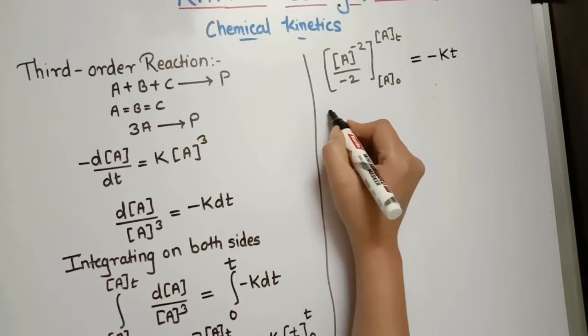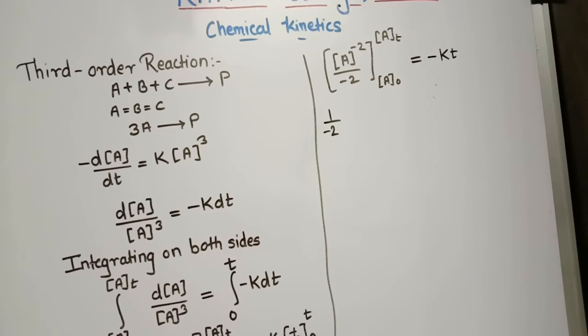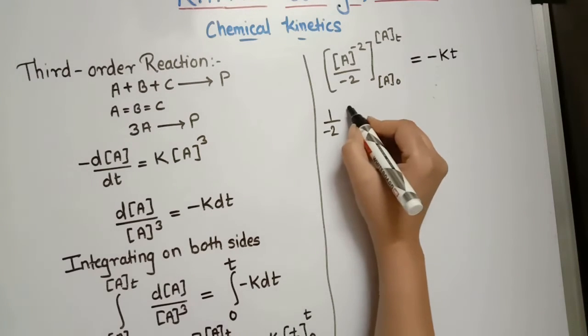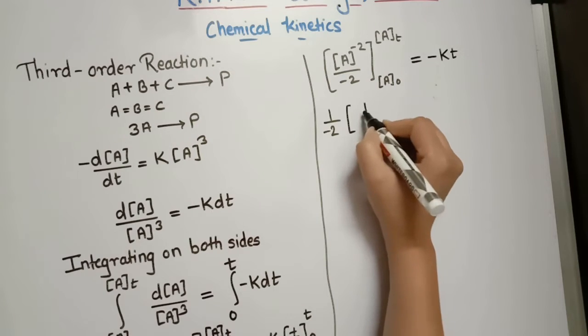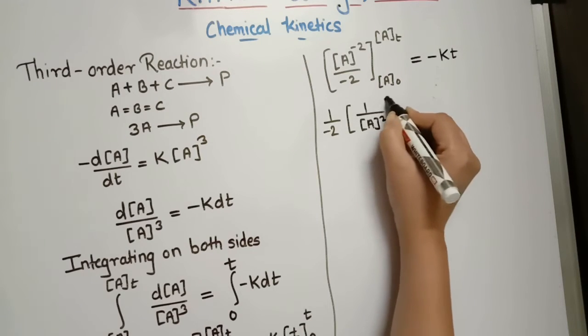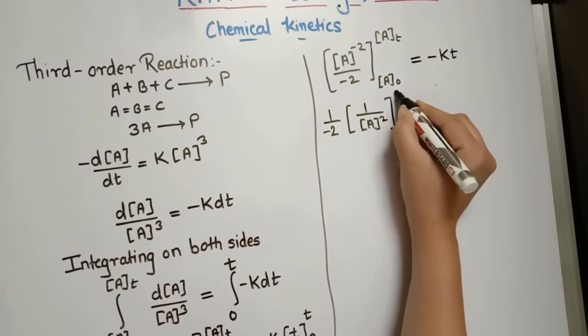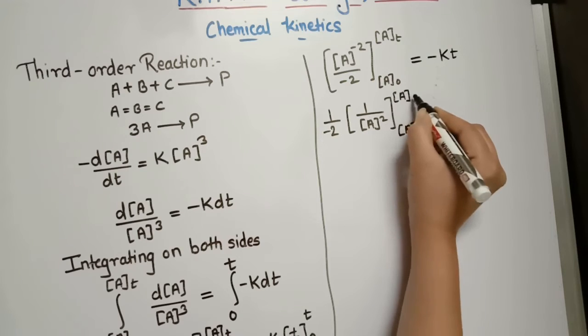So this minus 1 upon 2 we can take outside the bracket. And instead of writing A raised to minus 2, we can write 1 upon A square. Integration limit will be like this.